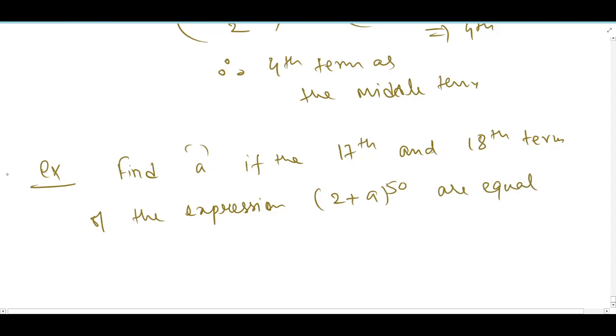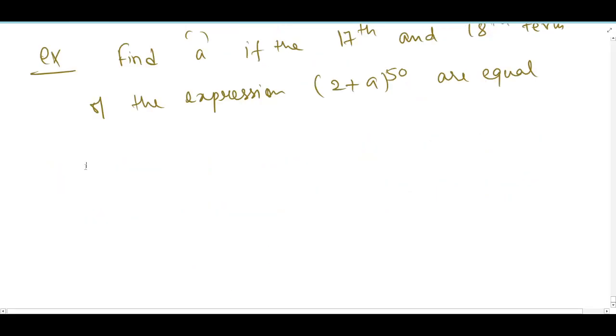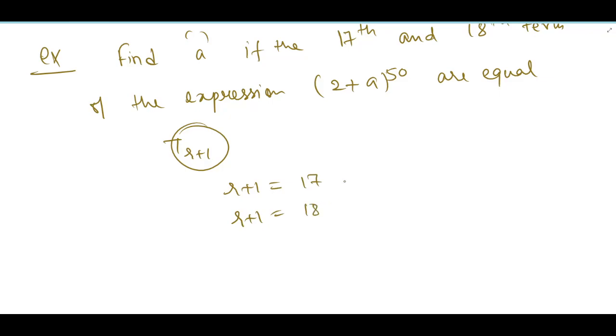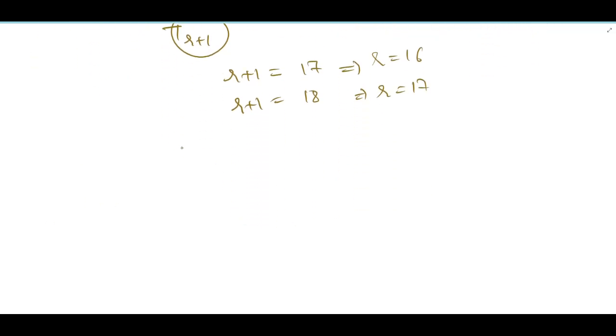So we know that the general term is given by r plus 1. So we have r plus 1 is equal to 17 and r plus 1 is equal to 18. So we can say here r is 16 and here r is 17. By the general term, t(r plus 1) is equal to nCr, a to the power n minus r and b to the power r.